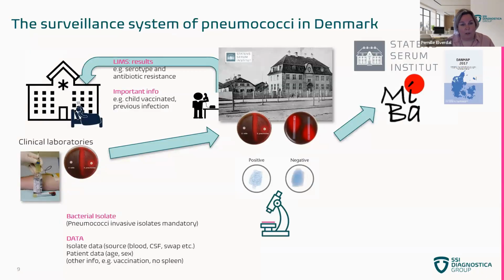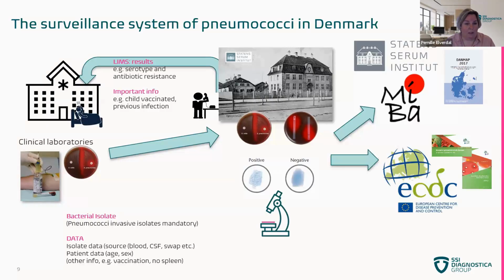They will also report into the local surveillance data, which is MIBA. They will report the same data into ECDC, which is the European Center for Disease Prevention and Control. And finally, they will also share the information with WHO.